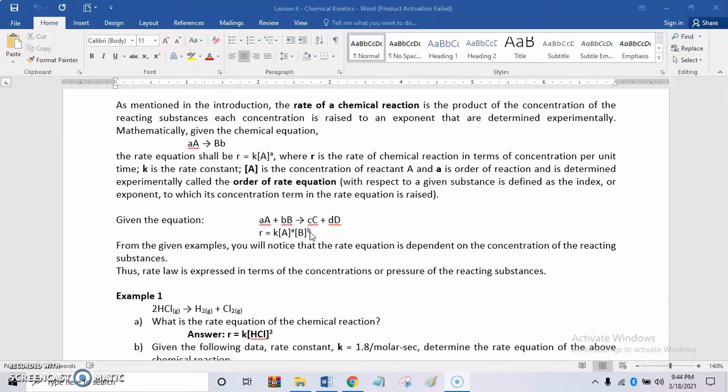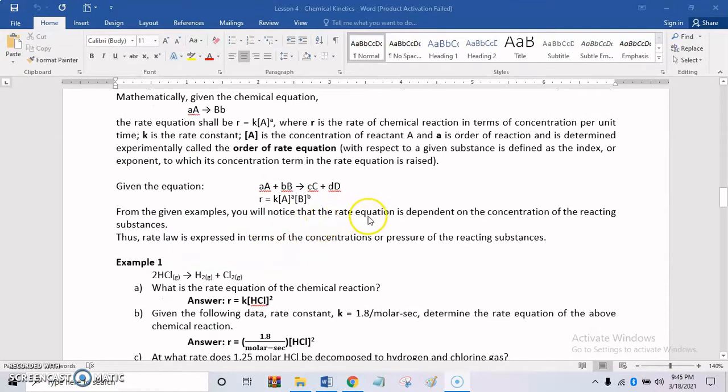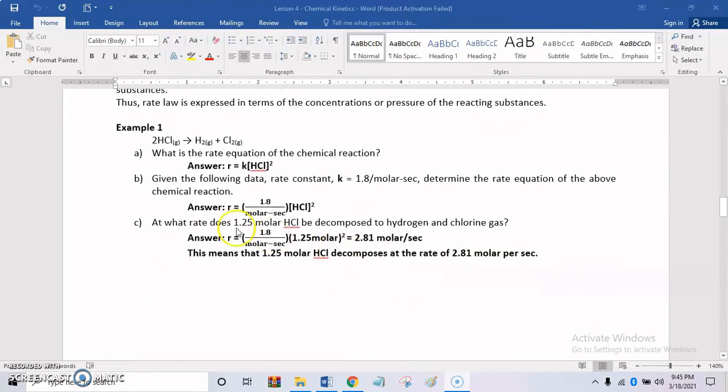So the order of the rate equation depends on the larger power. If A is 2 and B is 1, the order of this equation is second order. From the given examples, you will notice that the rate equation is dependent on the concentration of the reacting substances. Thus, the rate law is expressed in terms of the concentrations or pressures of the reacting substances.